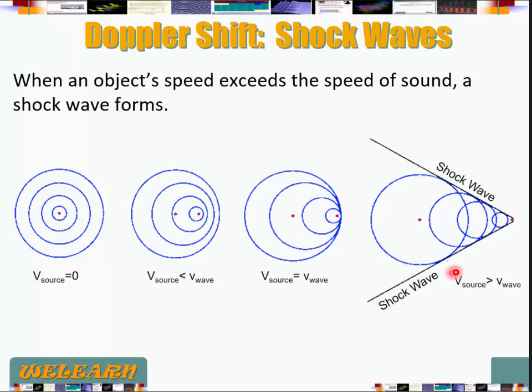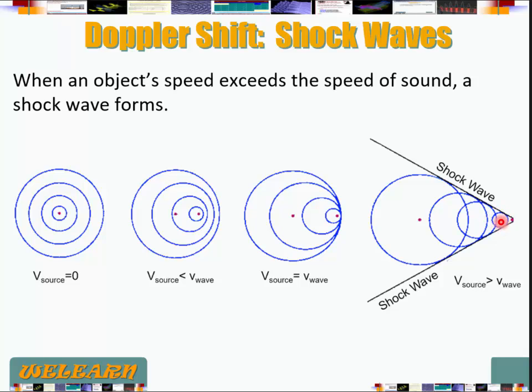Now, we get shock waves when the source actually moves faster than the wave. In that case, this one is the original wave front. When the second one was produced, the wave is going to be moving even further. For example, this last one here.